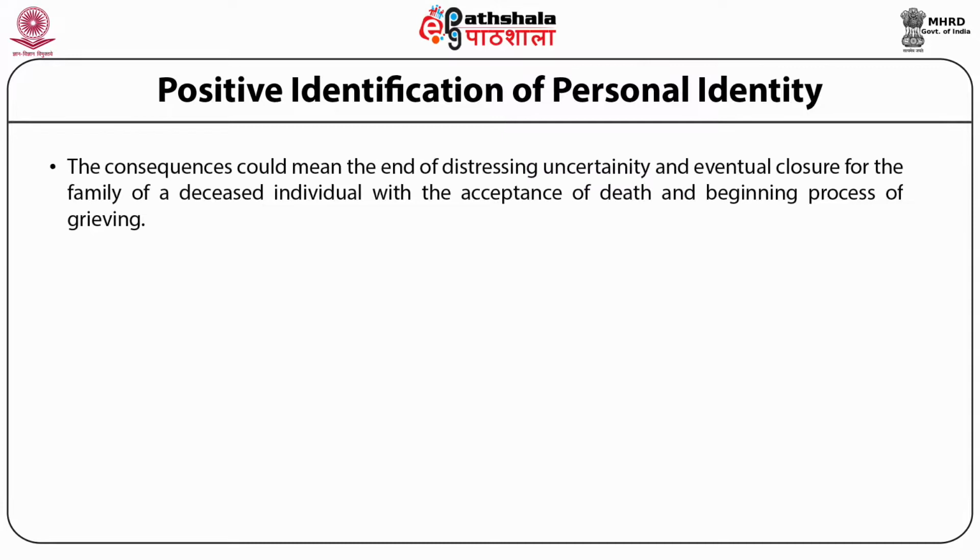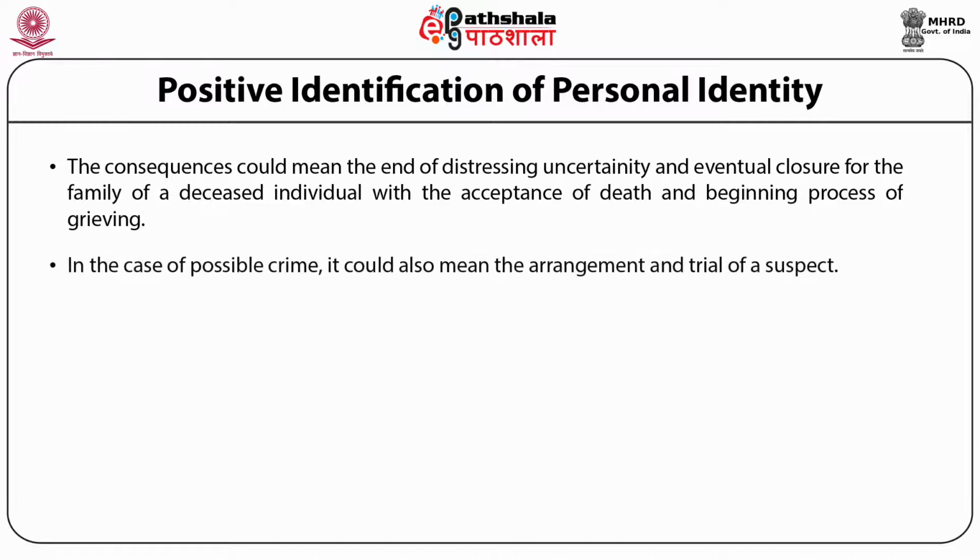The consequences could mean the end of distressing uncertainty and eventual closure for the family of a deceased individual, with the acceptance of death and the beginning of the process of grieving. In the case of a possible crime, it could also mean the arraignment and trial of a suspect.